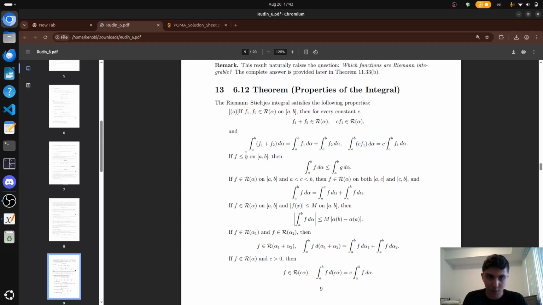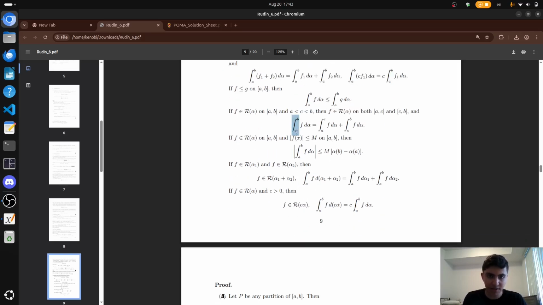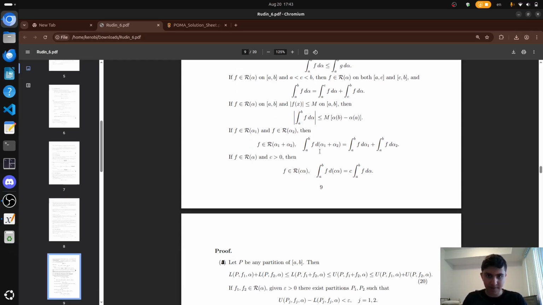And when f is less than or equal to g, then the integral of f is less than or equal to the integral of g. And we can divide the integral over two different endpoints, and then add them back together to get the same integral. The absolute value of the integral is less than or equal to M capital times alpha b minus alpha a. Okay. And when you take different alphas for the integrating step, you can just add them together, and same thing when you multiply by a constant.